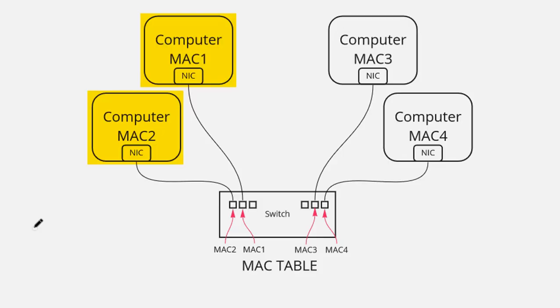So again, let's assume that the first computer, MAC 1, needs to send a unicast, and the destination is the MAC address of computer 2. Well, in comes this Ethernet frame, and it hits the switch, and the switch says, oh, we've got an Ethernet frame destined for MAC address 2. I know what port that is.